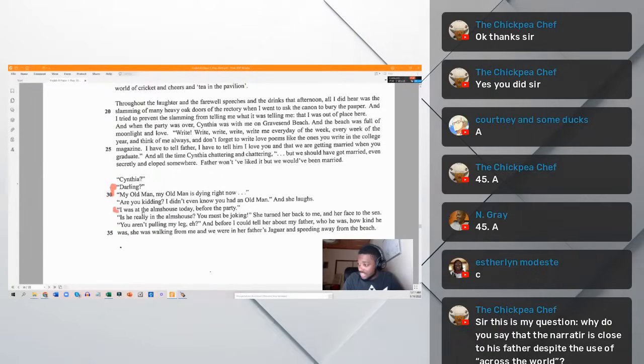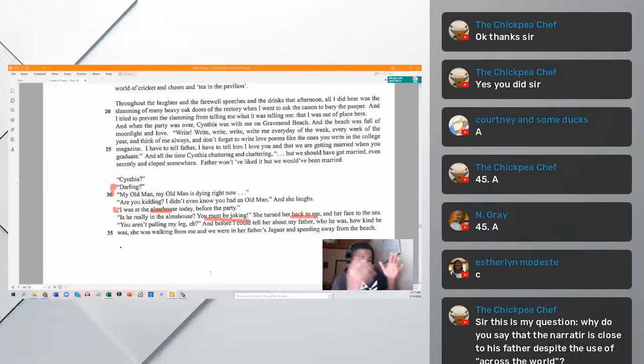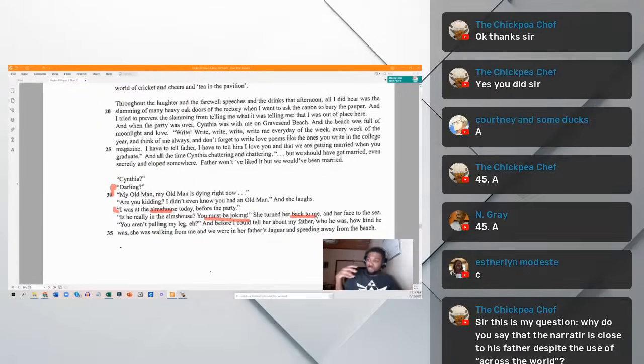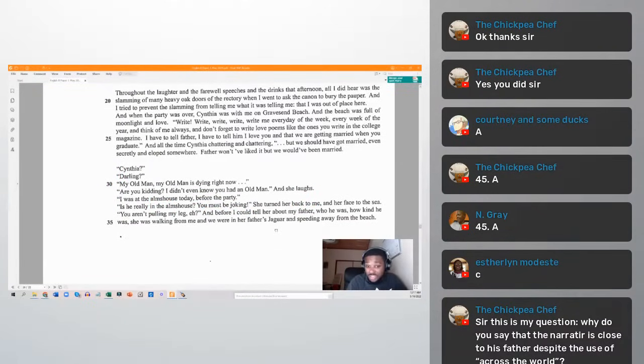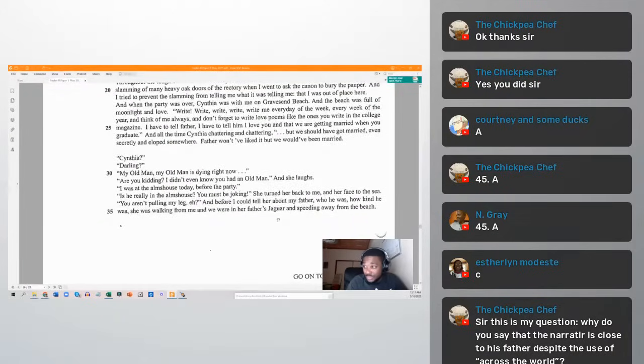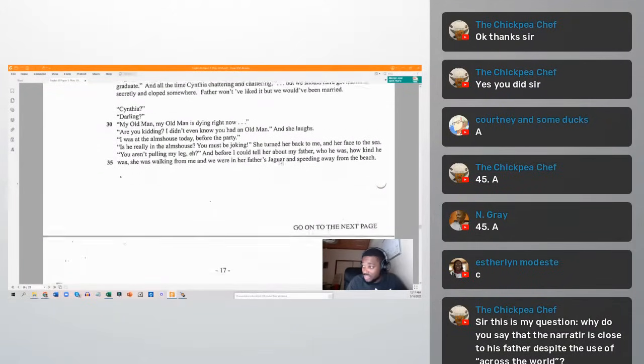And more importantly, he's at the almshouse. All right. So Cynthia lashes out. "He must be joking." She turns her back to me. And this is kind of symbolic because maybe literally she turns her back, but she also turns her back to him in a deeper sense. But look at what happens when she finds out who his father is.